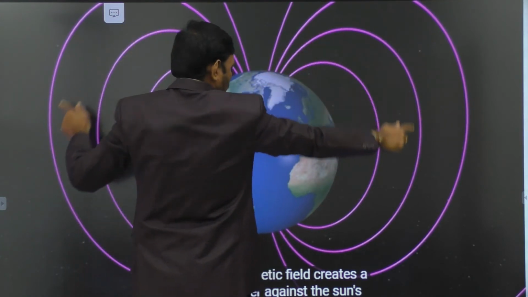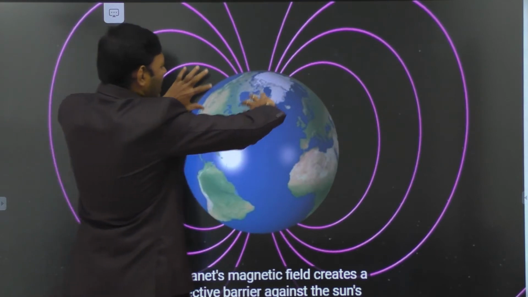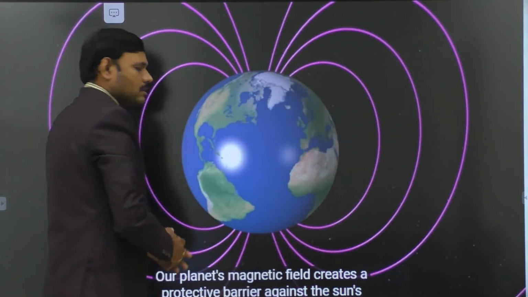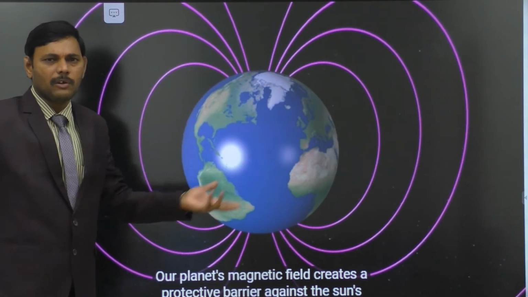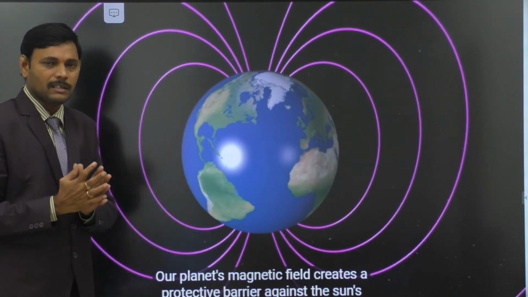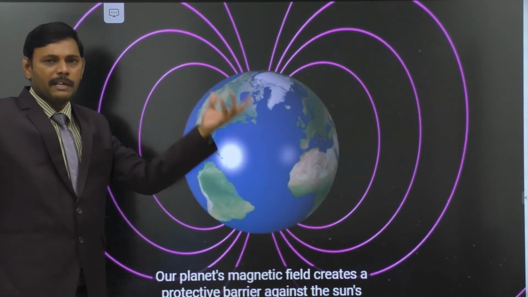Rose color lines in this image show the magnetic field present. This magnetic field is present up to several thousands of kilometers.